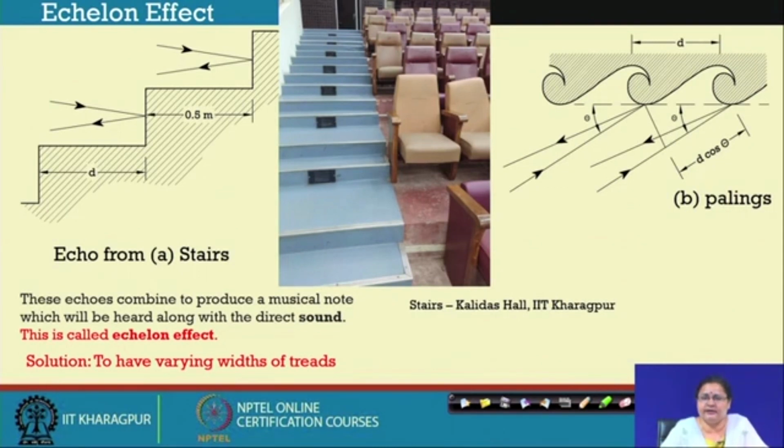Various shapes are taken, but if it is a repetitive shape of a particular concave surface or even a flat surface, the same effect can happen considering the angle in which it is falling. It will come back and again hit, again come back, again hit, and create an additional sound that will disturb the original or the desired sound. So, that is called Echelon effect, and that is how you can take care.